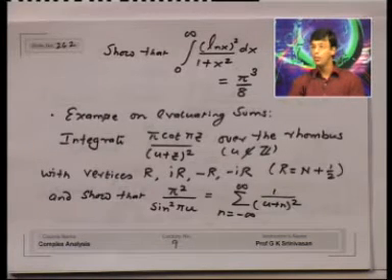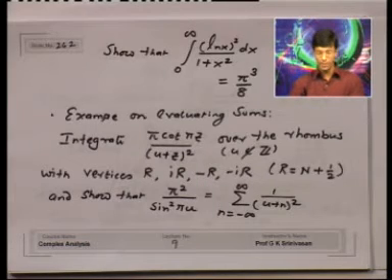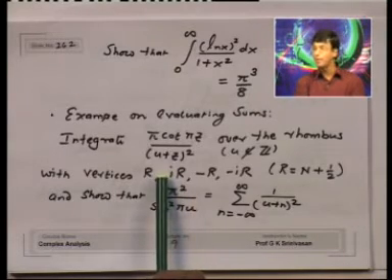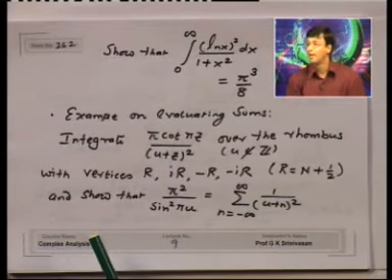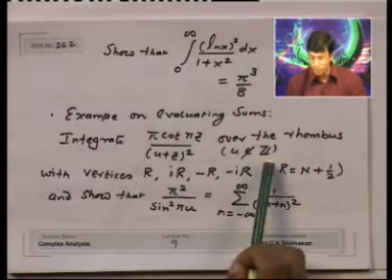Please tell me what are the poles of this function, pi cot pi z upon (u plus z) the whole squared. What are the poles of cot pi z? 0, plus minus 1, plus minus 2, plus minus 3, etc. They are all simple poles, and there is one more pole, minus u, which is a double pole, and that is why u is not an integer.